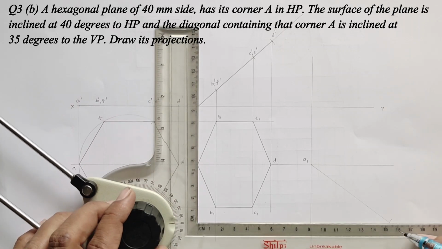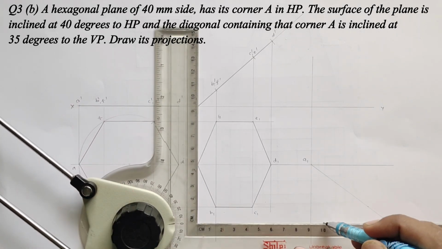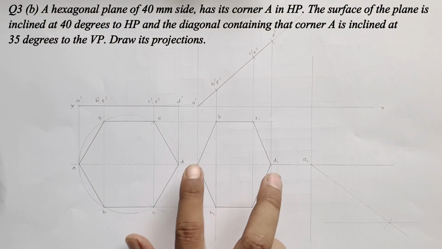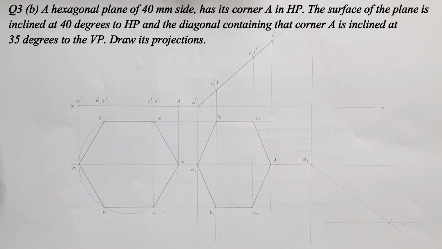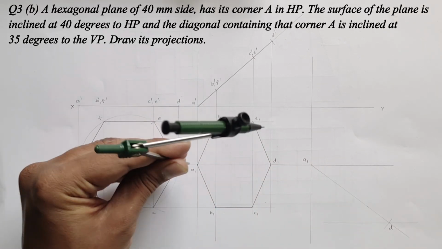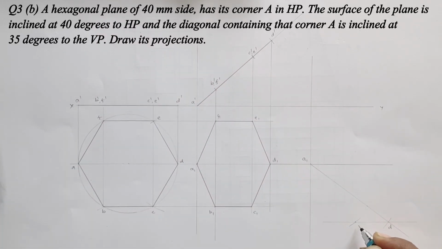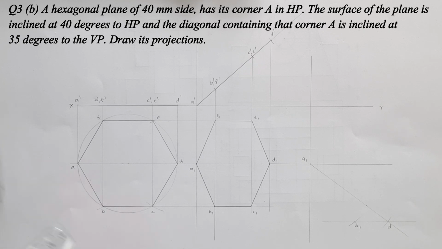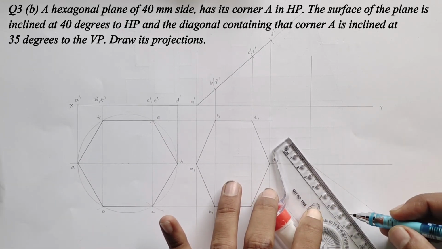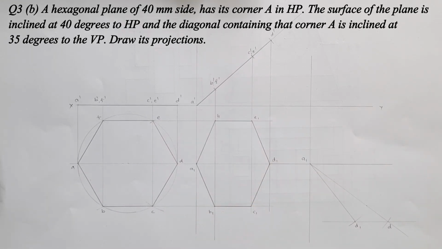Drawing locus here. Now transferring this length. So this is point D. This is D1. Now locating the remaining points.